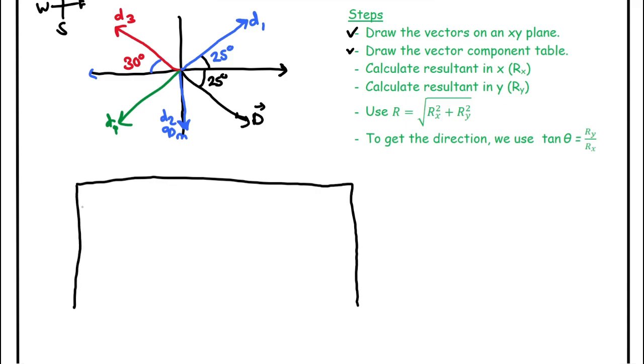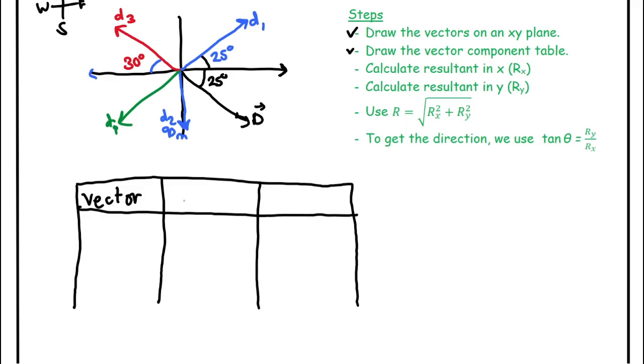Vector component table. The first column has the vector, the second one has the x component, the third one the y component.